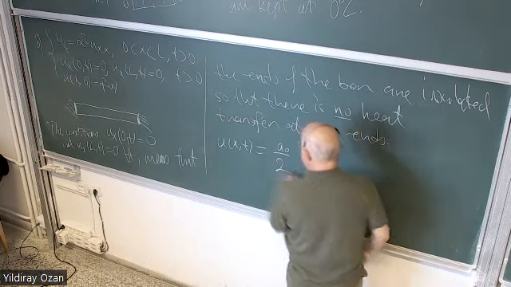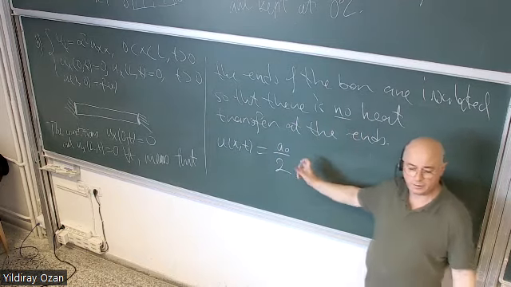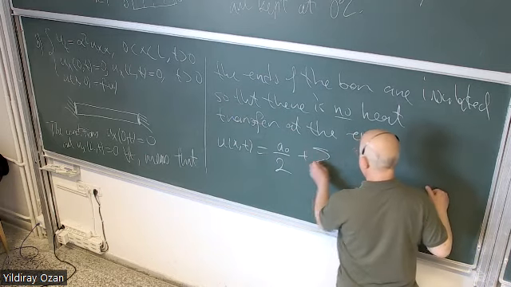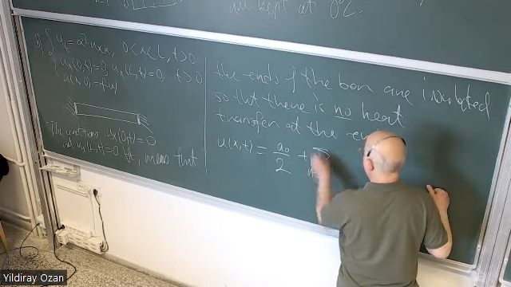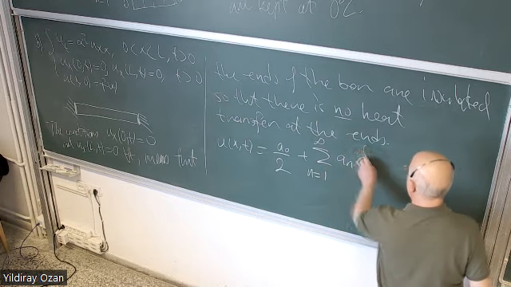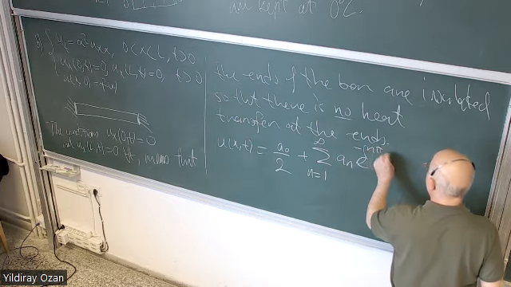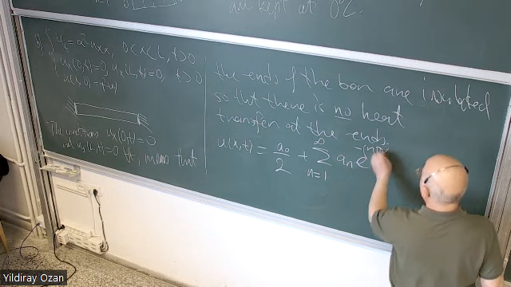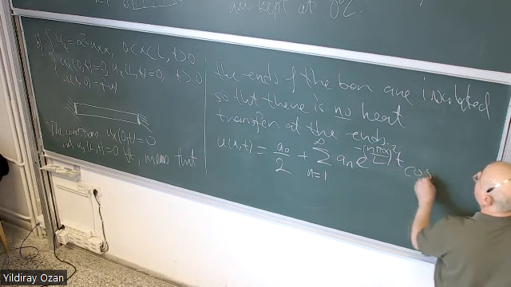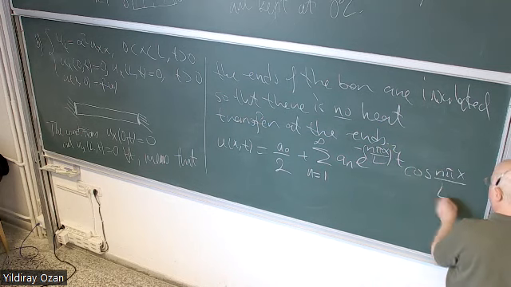We know that you have to write the first term separately: a_0 over 2 plus the sum from n equals 1 to infinity of a_n e to the power minus (n pi alpha over L) squared t, this time times cosine(n pi x over L).